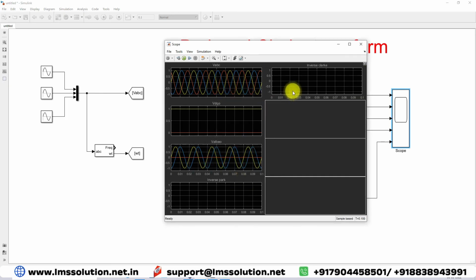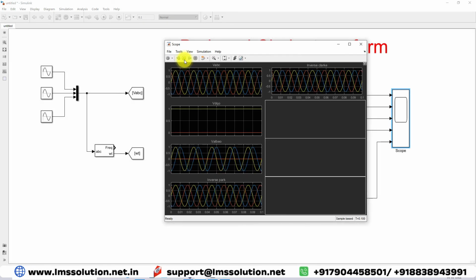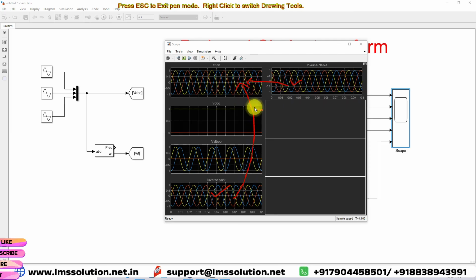Actually this output should be equal to our input. You have to check that. Now you can see that the output of inverse Park and inverse Clarke is equal to our input. Whatever we transformed from our input ABC to dq0 and alpha beta, it is converted back to ABC by means of the inverse Park and inverse Clarke transformations.